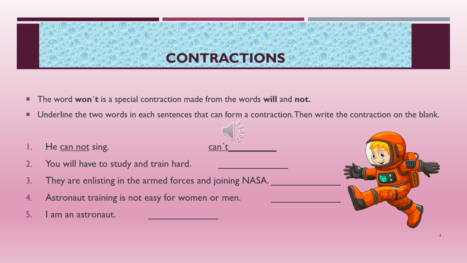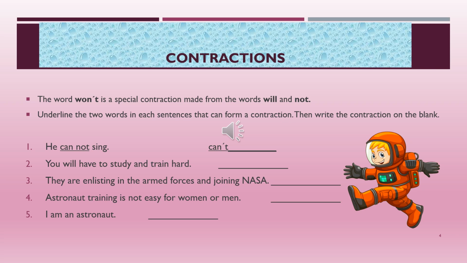Number 3, they are enlisted in the armed forces and joining NASA. One more time, they are enlisted in the armed forces and joining NASA. What are the two words that are going to be underlined here? They are. And on the blank, you write the contraction.